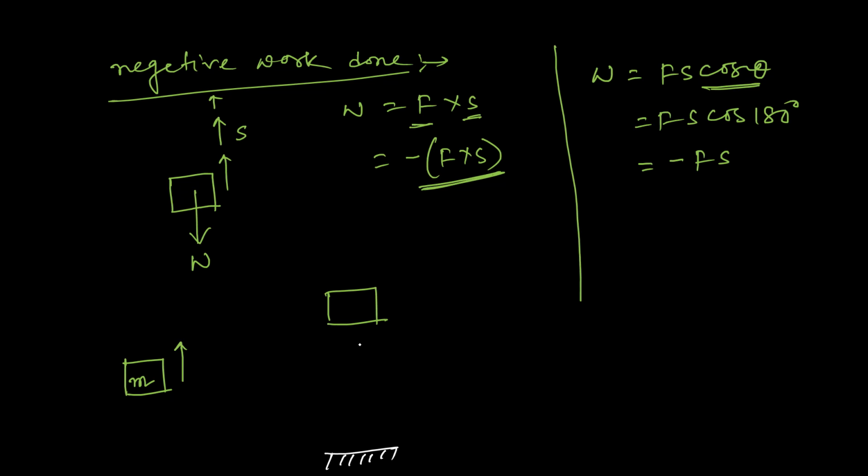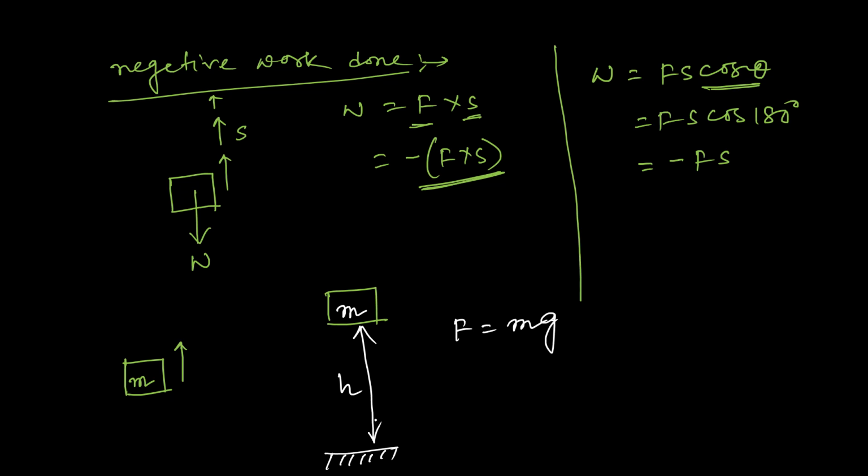This is the ground level and this is the height where you have placed that object. The height is equal to h. Now if the mass of the object is m, what is the force acting on it? That is the mass times gravitational acceleration, right? So the force responsible is the mass of the object multiplied by gravitational acceleration. This is actually the weight of the object, okay?